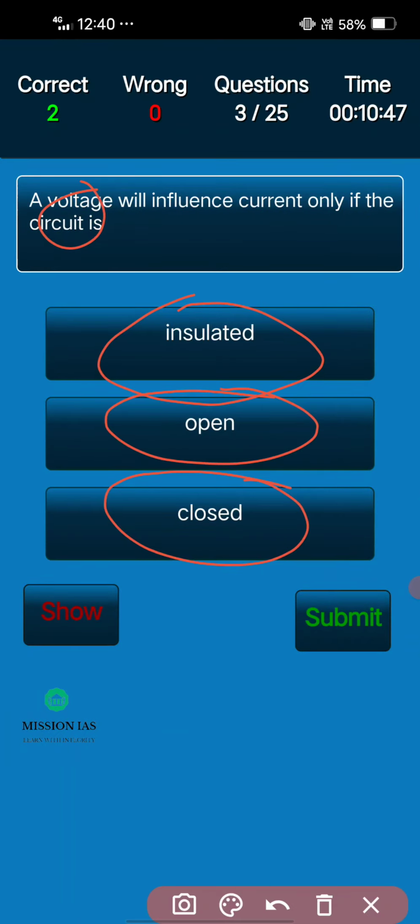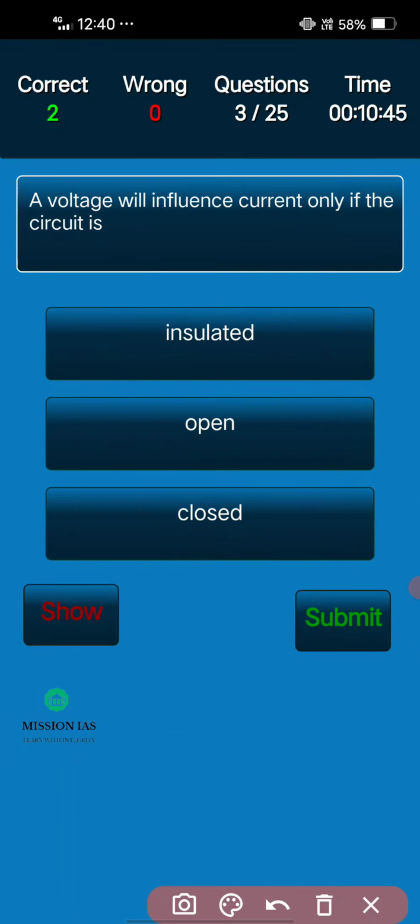Then the third question: the voltage which influences current only if the circuit is what? The question is that a voltage will influence current only if the circuit is, so when does the voltage usually influence the current?